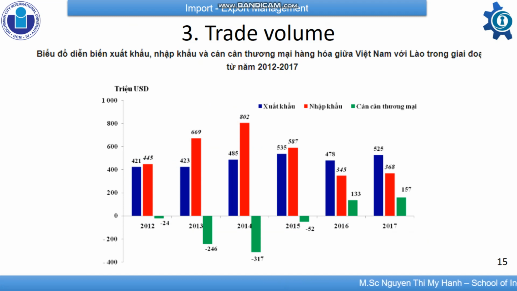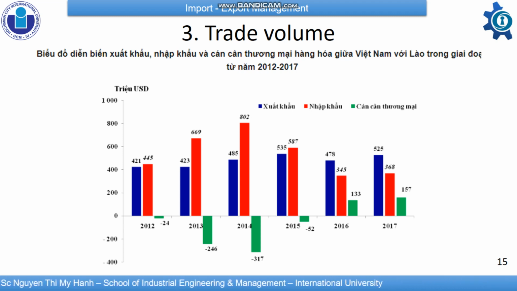Okay, we have already gone through two parts. The first one is how to distinguish import and export and what kind of activities they do in international trade, and how many types of export we have. Also the disadvantages and advantages of different types of export.